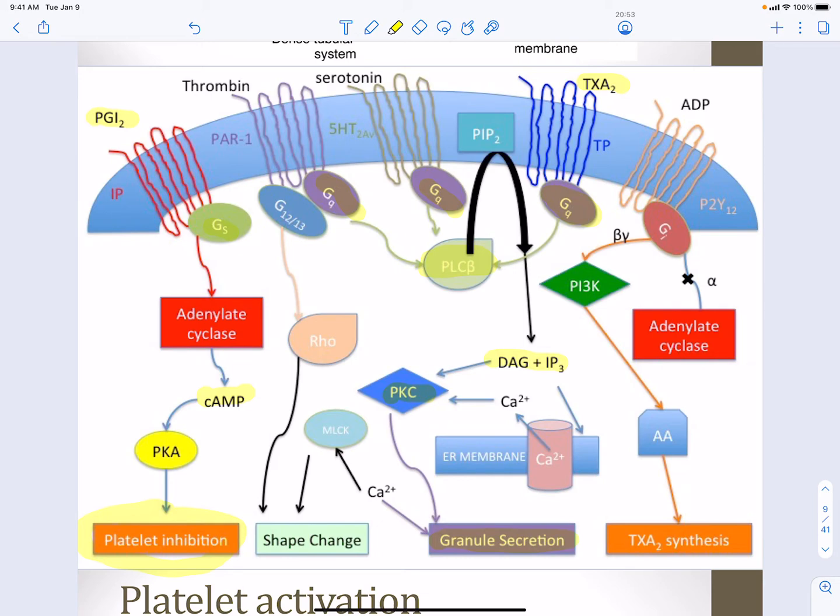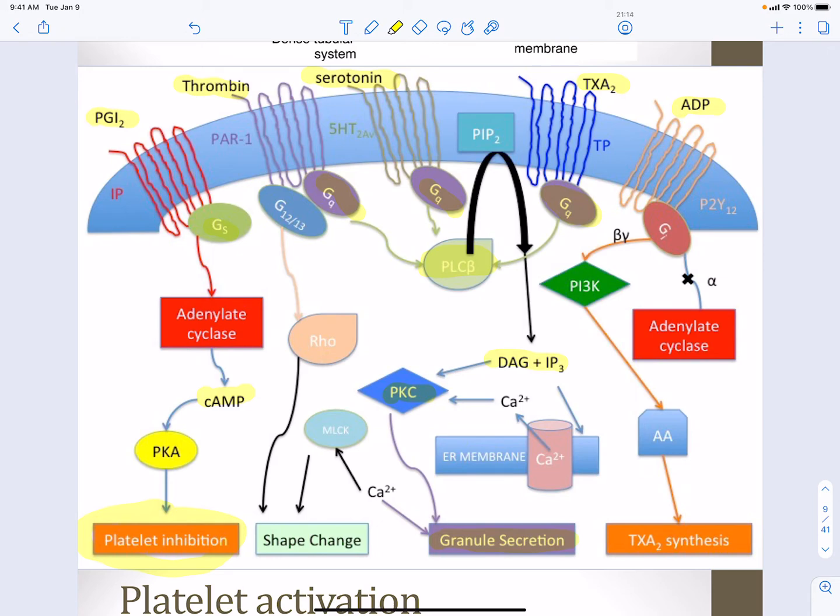Now, some other things that are going on is we are going to talk about thrombin, and we're also going to talk about serotonin. And I mentioned our granules inside of our platelet actually have serotonin, and it has ADP. And so they are using these to actually activate themselves.